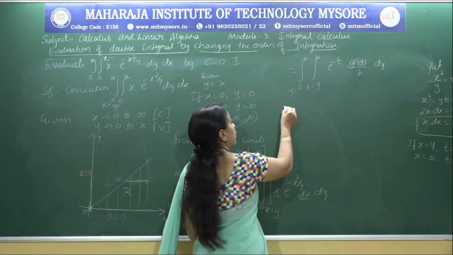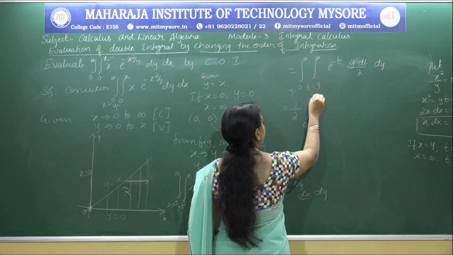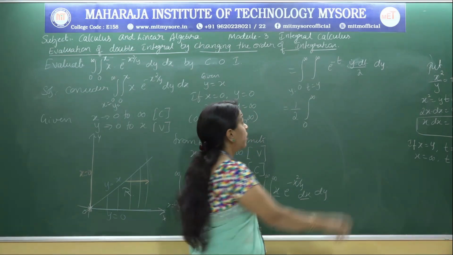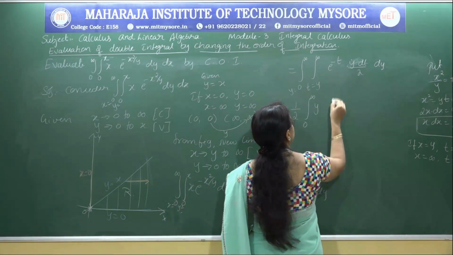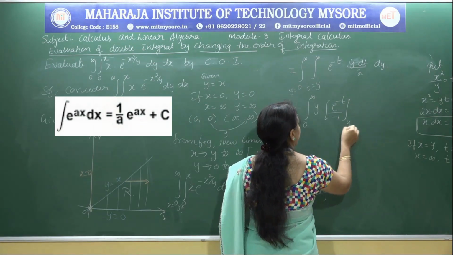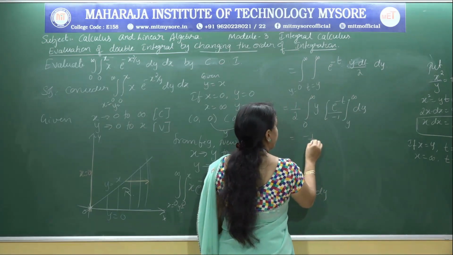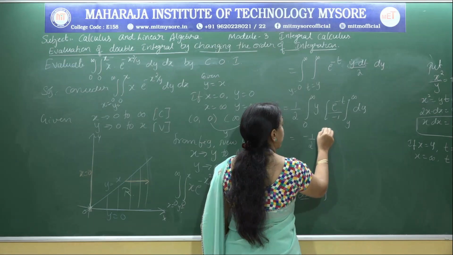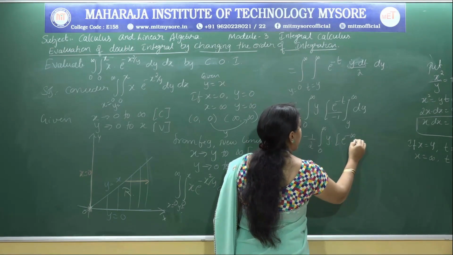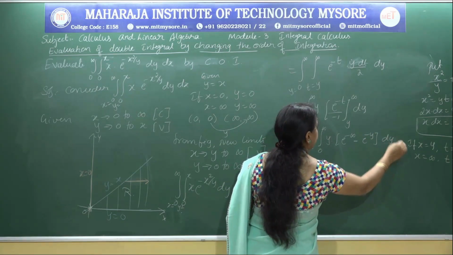Okay, before going to integrate, I can take out 1 by 2 common and integral 0 to infinity. Now the integral of y is also constant, e power minus t integration, e power minus t by minus 1 between the limit y to infinity dy, or minus 1 by 2 common, integral 0 to infinity y into e power minus infinity minus e power minus y dy.